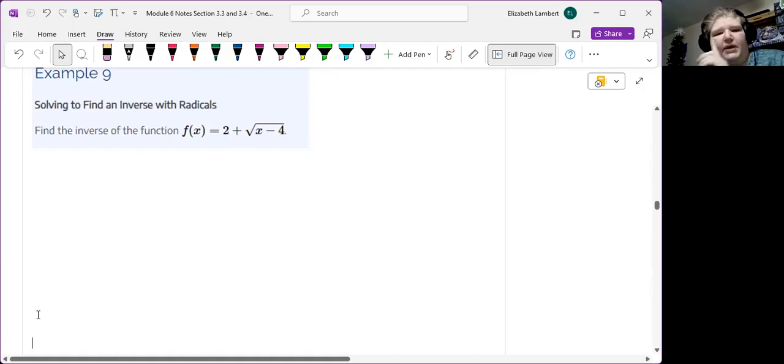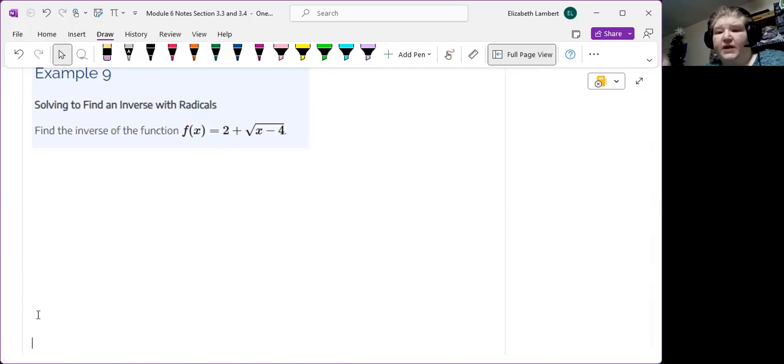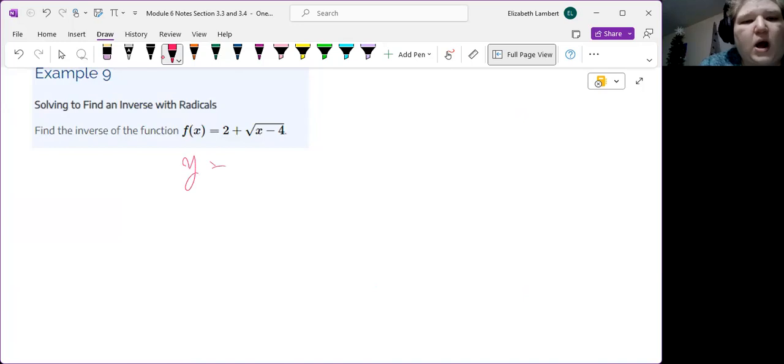So this guy here, same song, second verse, we're finding an inverse with radicals. So put our y. And I'm going to go ahead and swap them, that is my habit.